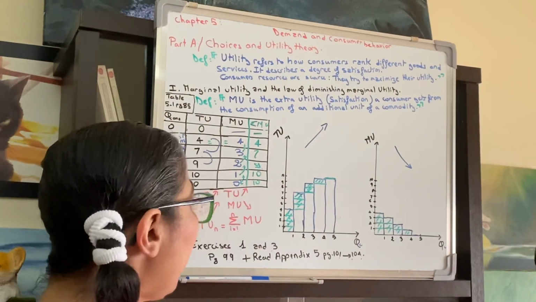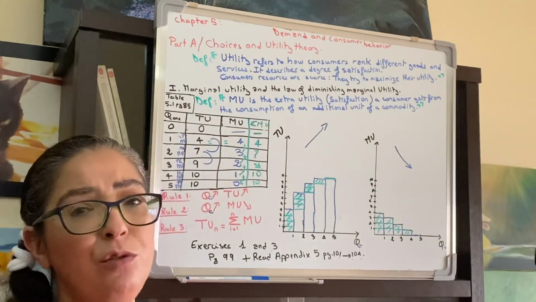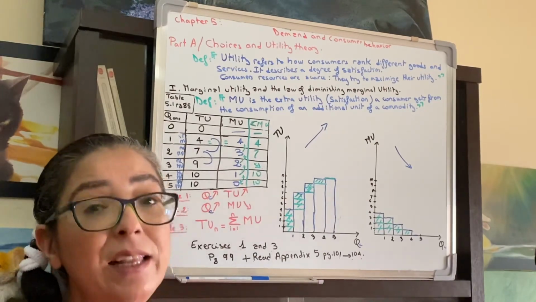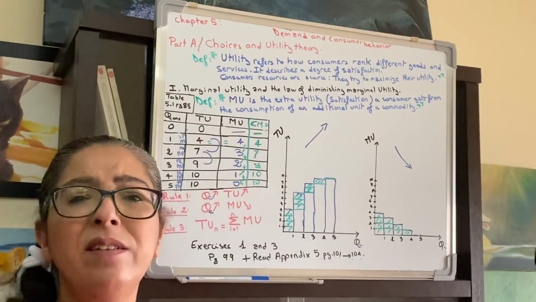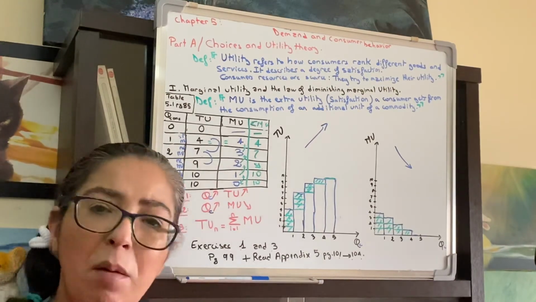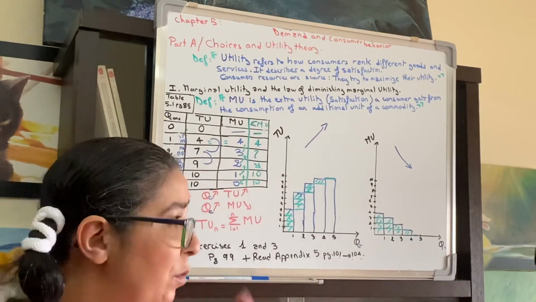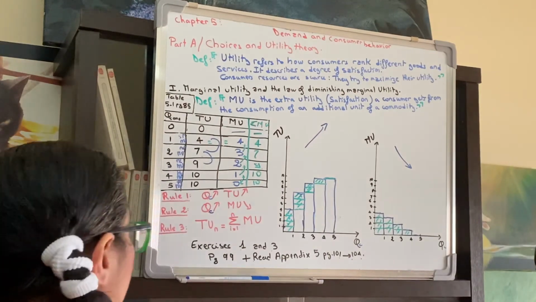Okay? Then exercise 3, it talks about complementary goods, substitution goods, and unrelated goods. We have done this before, but this is an exercise where you're going to decide which goods are complementary, substitutes, or unrelated, because it's part of this chapter. What else did I want to do today?